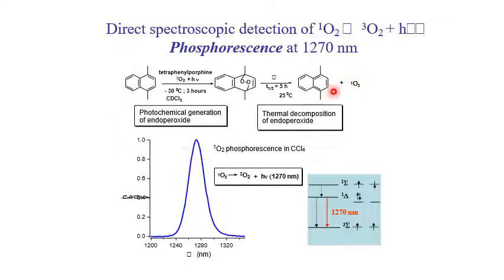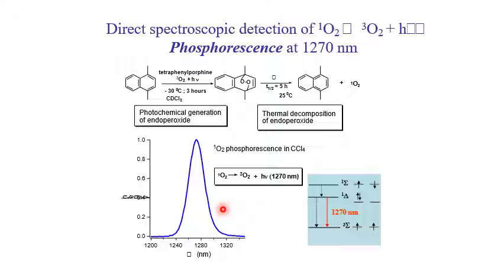Now you can see that the singlet oxygen energy level, 1 delta, is shown over here. When it comes back to the triplet ground state, it will show phosphorescence at 1270 nanometers. This phosphorescence occurs because of the singlet oxygen to triplet oxygen conversion, and this energy is emitted as phosphorescence, which is shown over here. In this way you can detect that singlet oxygen is present in the reaction medium.